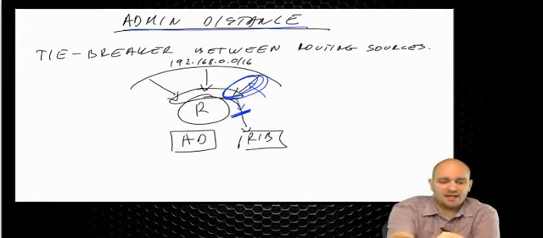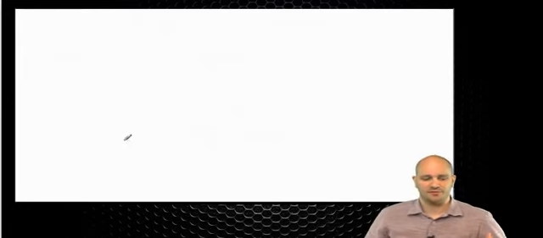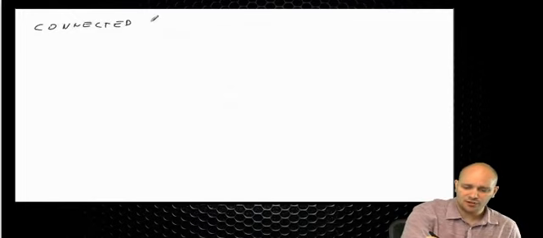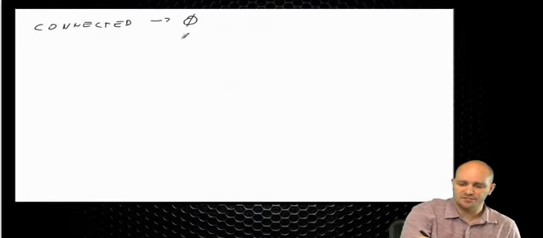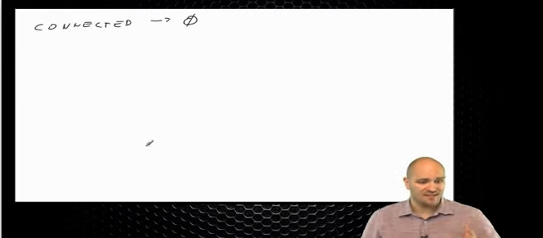Now, different routing sources in Cisco IOS have different routing preference given. So for example, the most preferred routes are of course the connected routes. The connected routes have the admin distance of 0, and this is not something that can be changed. So this is something that is fixed.